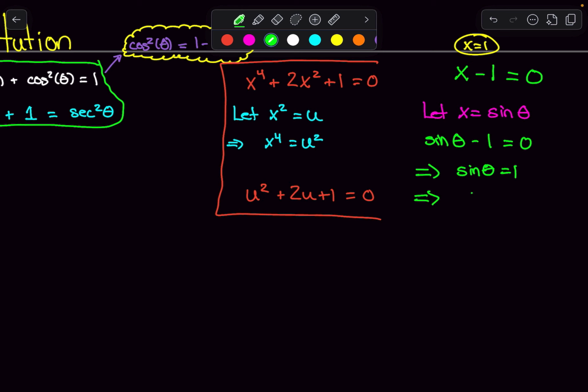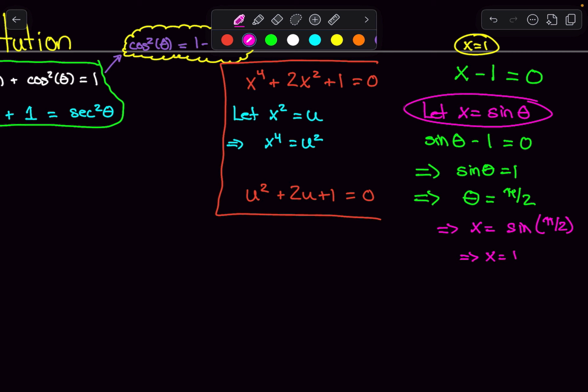That happens when theta is equal to pi over 2, right? Sine is the y value on the unit circle. So when theta is equal to pi over 2, great. And now we use our mini transformation here, the fact that we had let x equal sine of theta, to say that x is equal to sine of pi over 2 would be our solution. And that's going to give us that x is equal to 1. Again, we arrive at the solution that we thought we would arrive at.